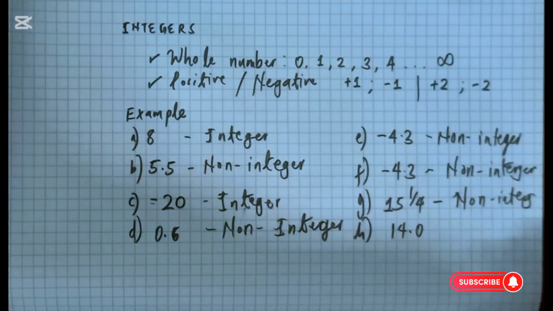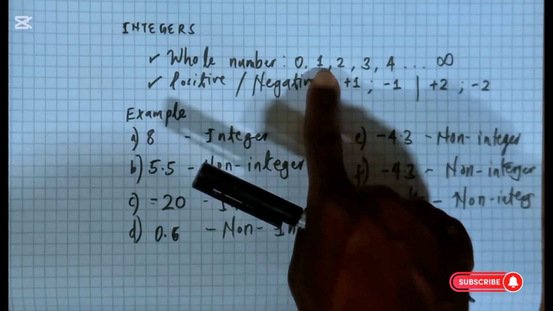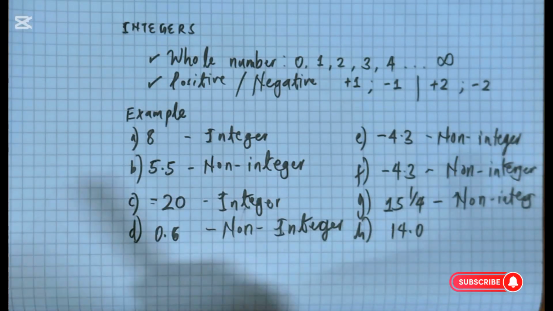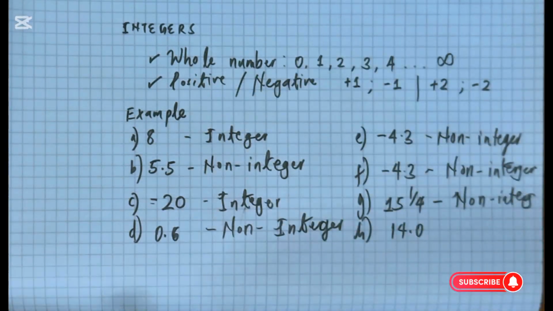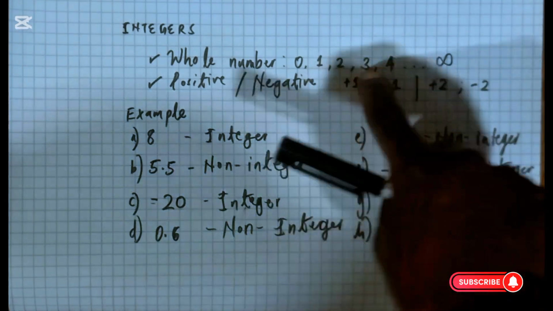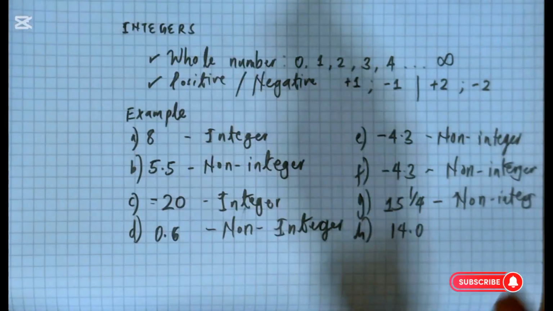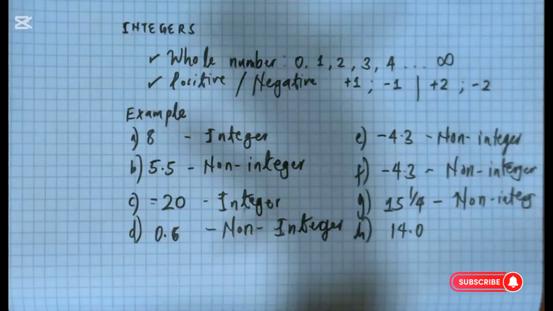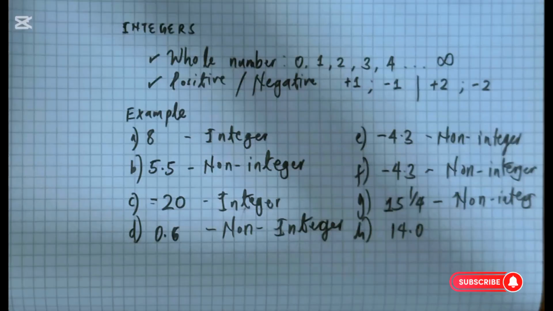It is just another way that we can write all numbers. So, for example, the number you're seeing here, that is 1, can also be written as 1.0. The number 2 can also be written as 2.0. The number 3 can also be written as 3.0. And so that means that all numbers can also be written in decimal notation. So writing a whole number in decimal notation does not disqualify it from being an integer.